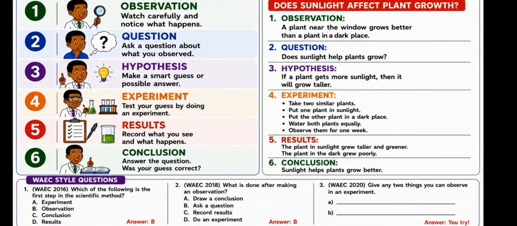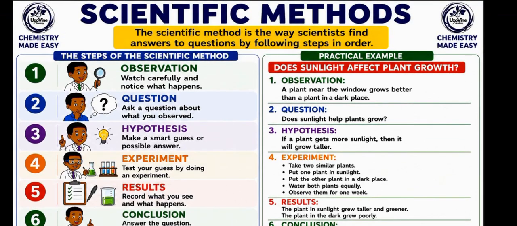Number 5, results. The plant in sunlight grew taller and greener. The plant in the dark grew poorly. So your conclusion now: sunlight helps plants grow better. So that is a practical illustration of the scientific methods that we just talked about.